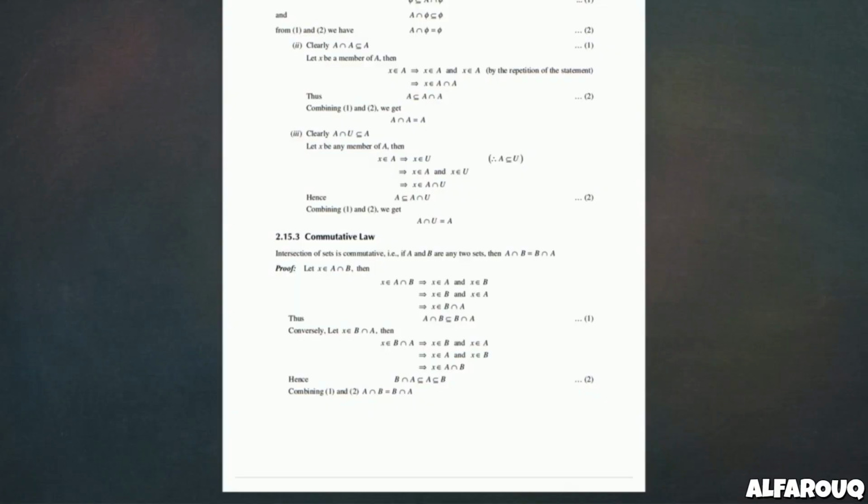We begin by taking an arbitrary element x from the first set. We then translate the intersection symbol into a standard logic operator, writing that x is in A and x is in B. Now we use the standard commutative law from Chapter 1 to flip the order around. Once the variables are flipped, we convert the word "and" back into an intersection symbol to complete the subset proof.